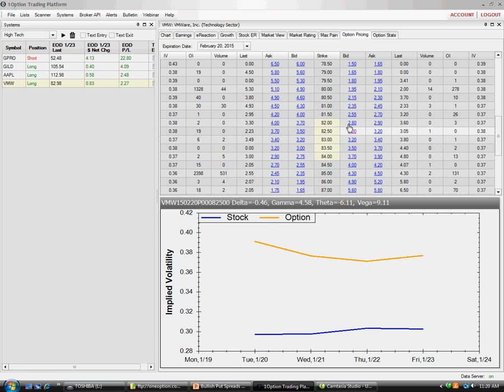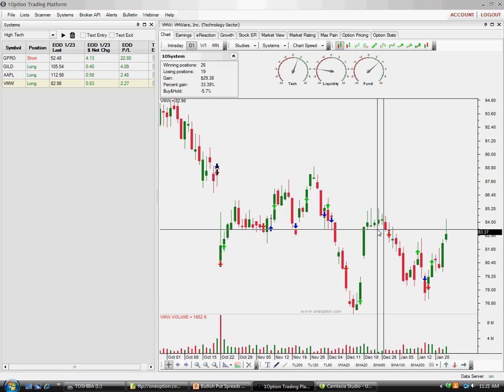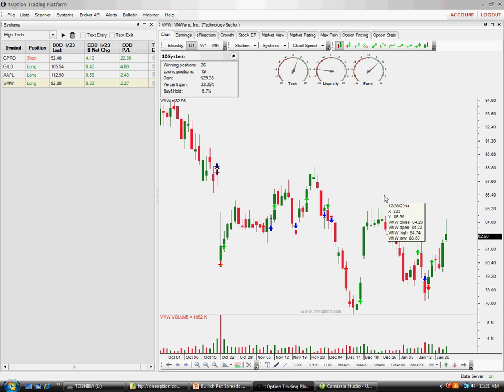And so if we sell the 82.50s and we buy the 77.50s, we can get a nice credit for that. Right now it's about $1.60. You could probably get $1.70 for that spread, but I'm sure that's because earnings are coming up and the option implied volatilities are relatively high.